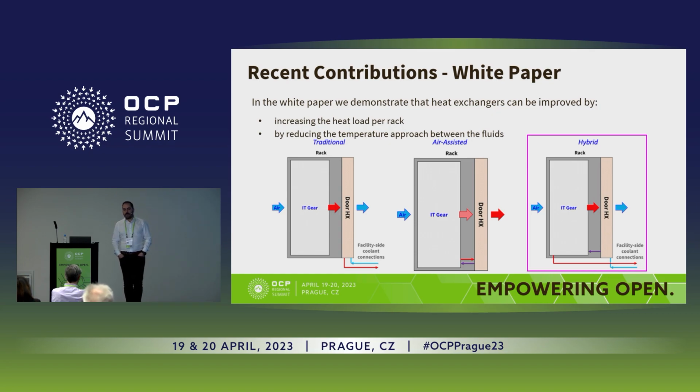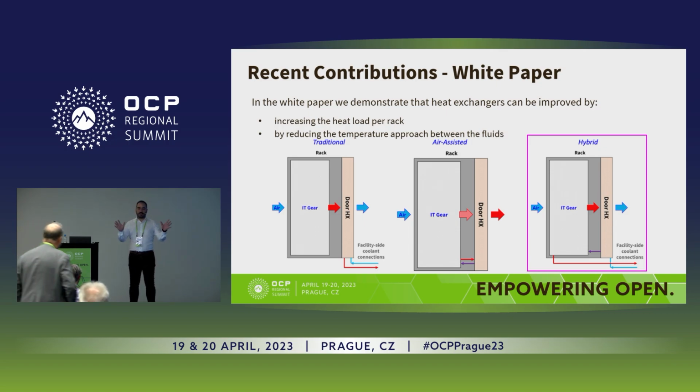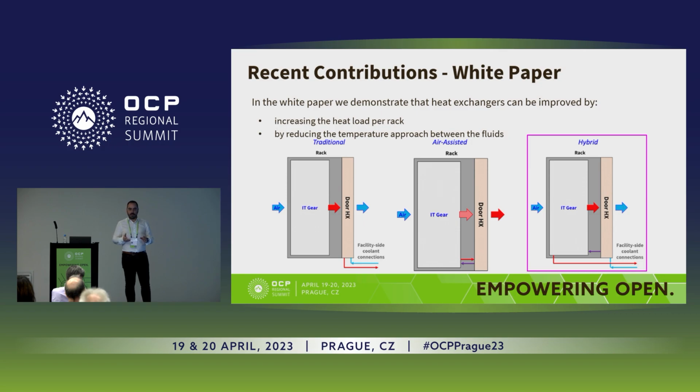If you look at the specification, you can see that you are open to use fans or not, at least depending on the heat exchanger pressure drop and in which system you are using it. For a traditional heat exchanger, if your system does not have much power, you can use rear doors without fans.